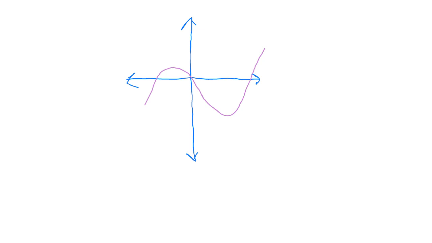Alright, so the first thing we're going to cover is section 3.10, which is going to be our linear approximation differentials. So let's say that we have a function that looks a little something like this. Now let's say at some point A, we have our tangent line.